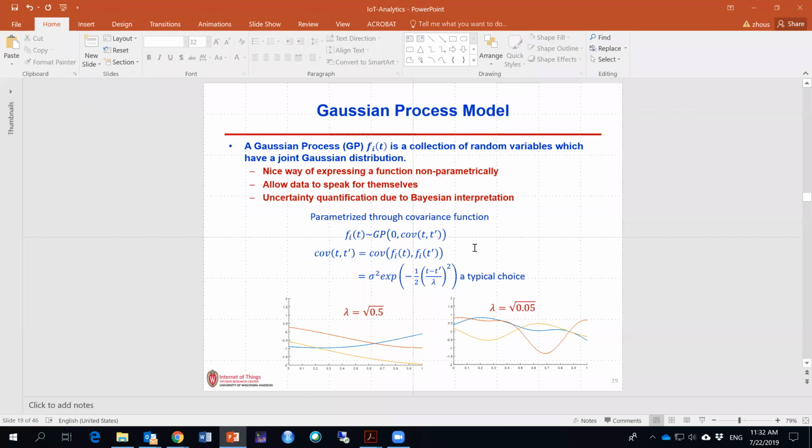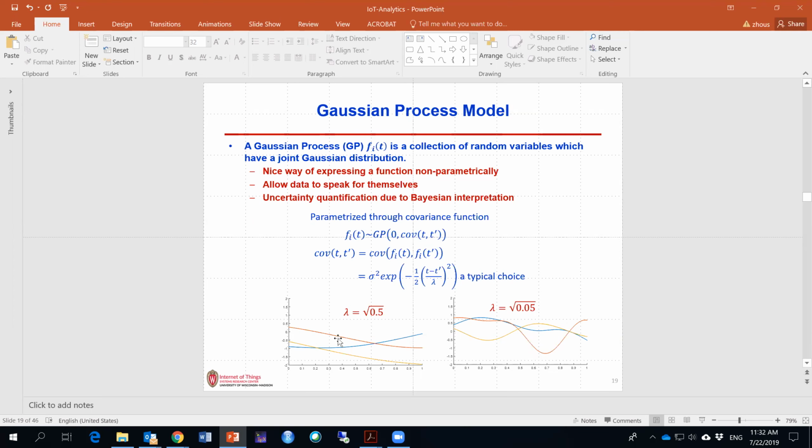So if the covariance function indicates the covariance is very small between two random variables, then the similarity between these two random variables will be less. So we will have high variability in the Gaussian process. We will end up with this jiggly-wiggly type of function, having high frequency type of features.